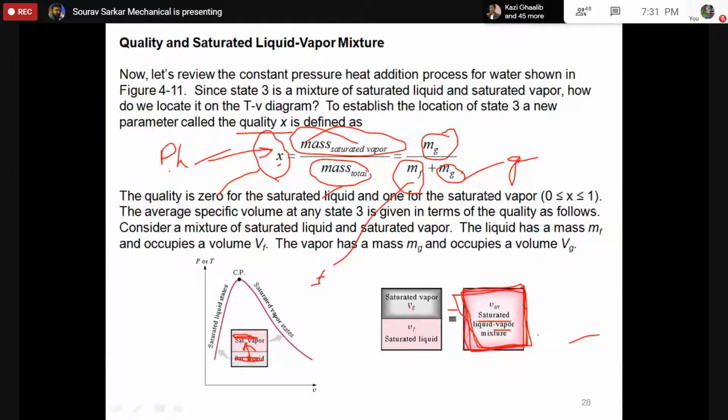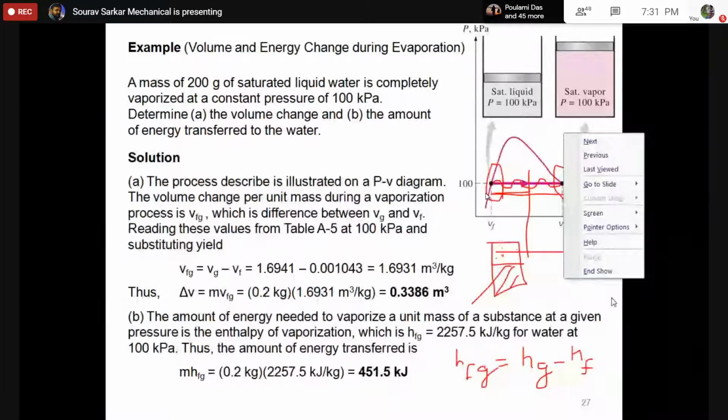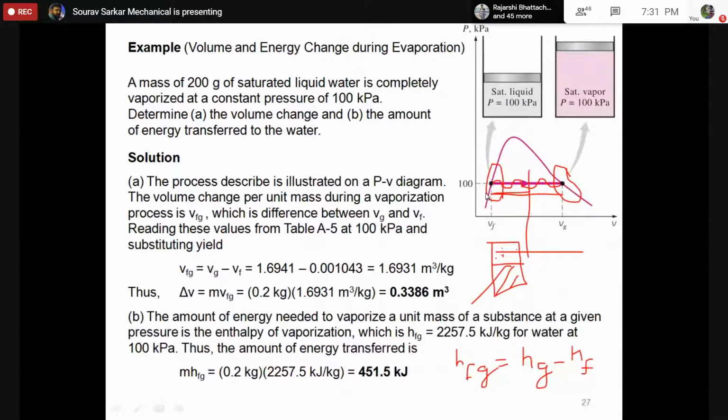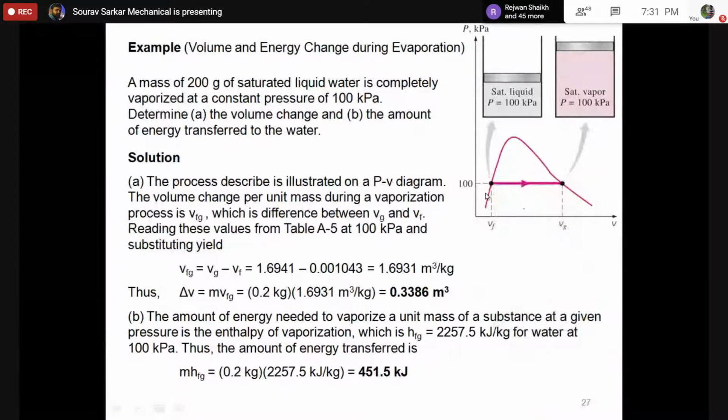So now we are trying to define the property values for intermediate points. Just consider the previous example. If someone told me that I am starting this process at point 1 and the process ends at point 2, it may not happen that the process ends at point 2.